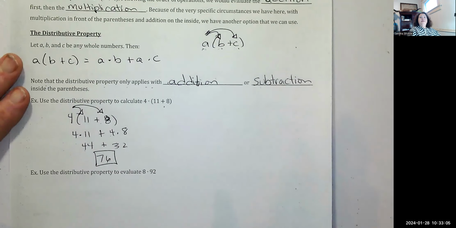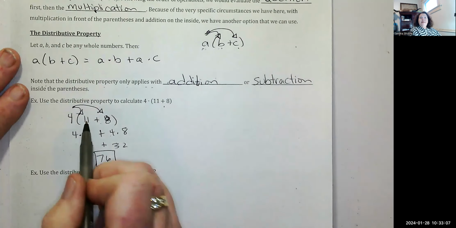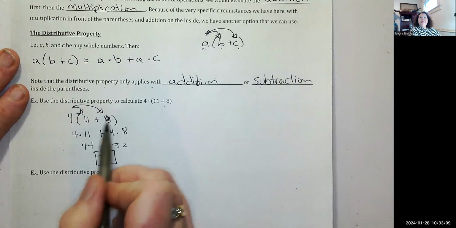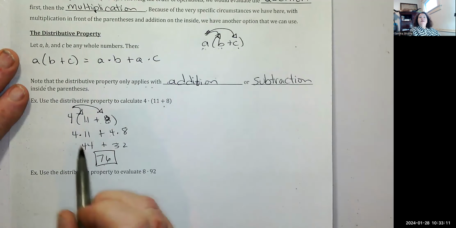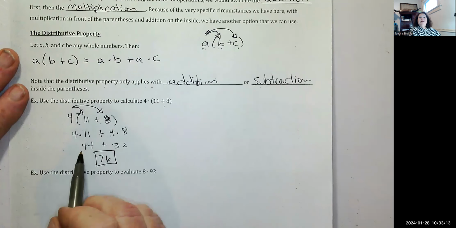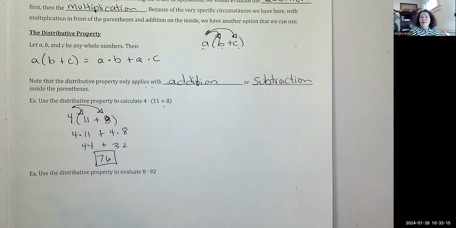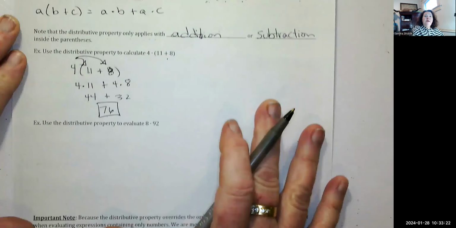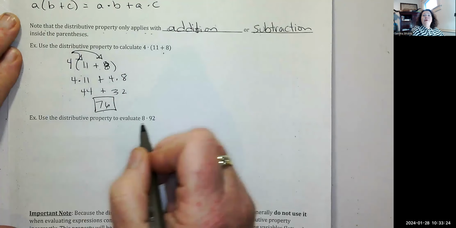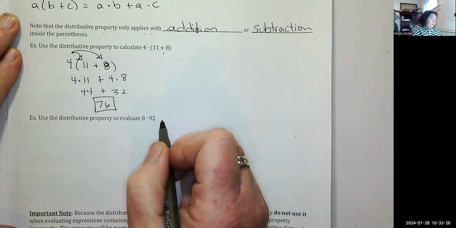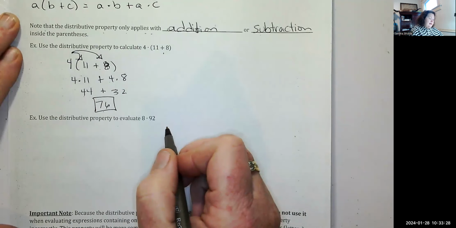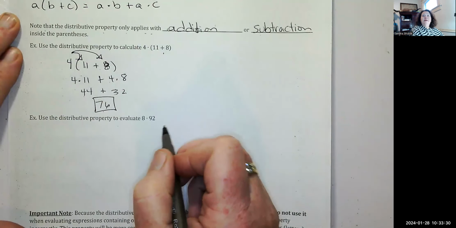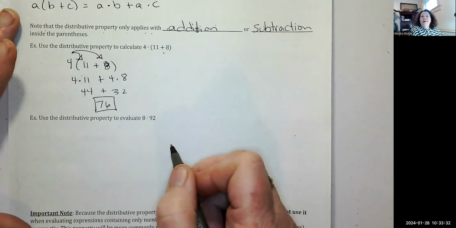Okay. Yes, the other way that we could have done it is 11 plus 8 is 19. 19 times 4 is 76. I'm just explaining this because once we get into adding variables, letters into our terms, you're still going to need to understand what the distributive property means. All right, let's use the distributive property to evaluate 8 times 92. Well, in this case, we don't see any way to distribute right now.